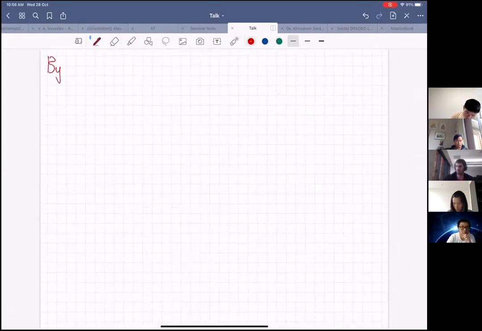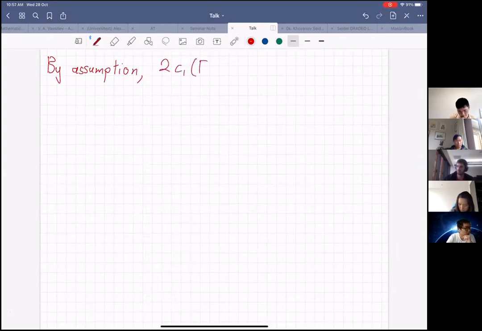By assumption, our symplectic manifold has 2 times C1 of M equal to 0. But I'm not sure why we have this assumption. Did Brian know or not?